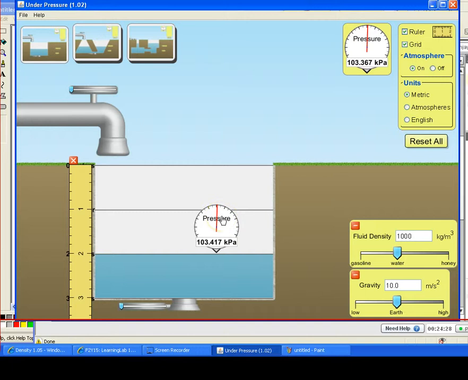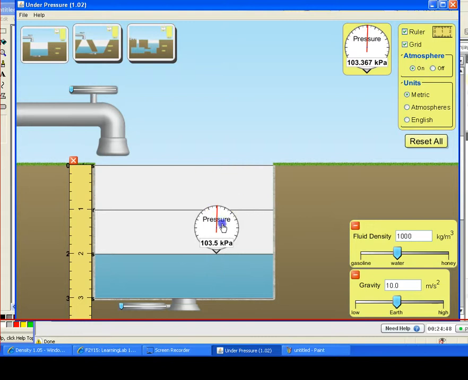Remember that what we had at the bottom here was, if I remember correctly, 103.43 when we had only air. Now we want to estimate how much this changes relative to that.